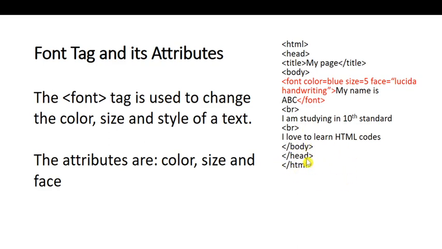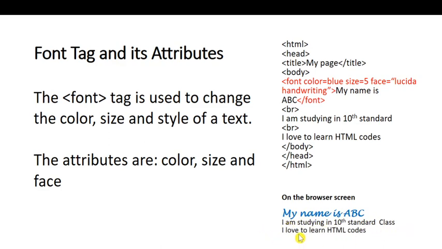Now how does it appear on the browser screen? On the browser screen it appears like this: my name is ABC in Lucida handwriting. This type of writing is called Lucida handwriting. Then "I am studying in 10th standard" and "I love to learn HTML codes".